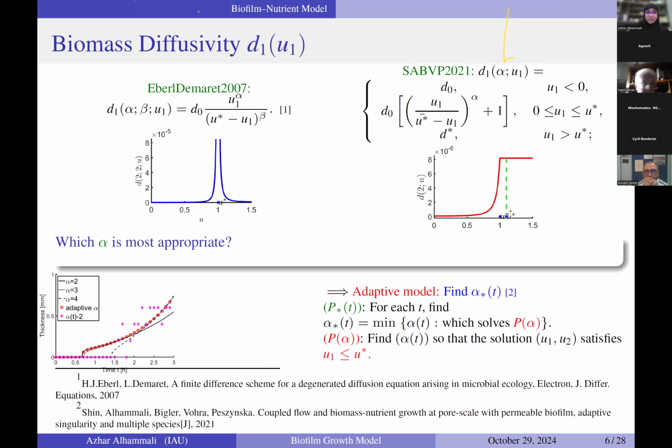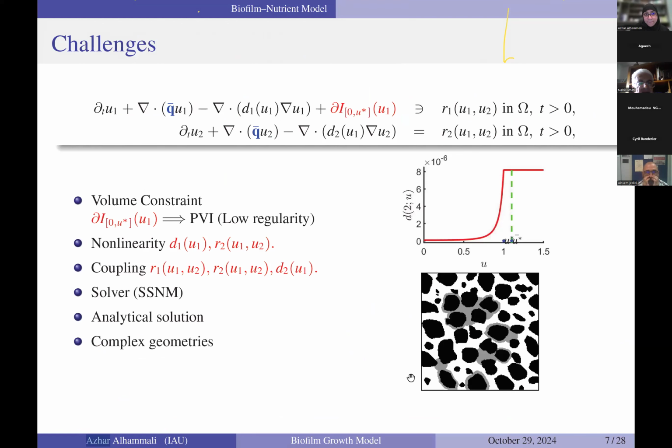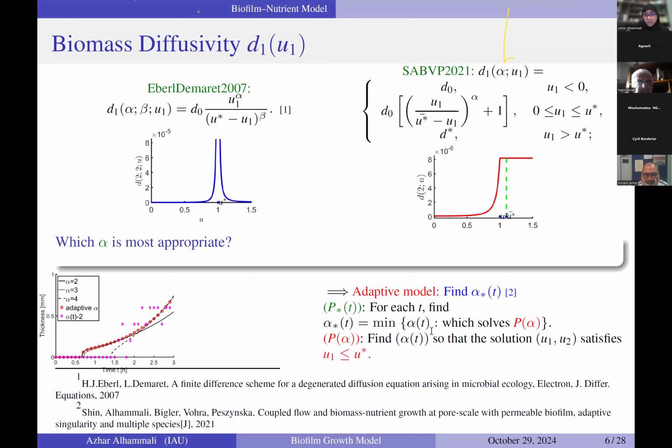On the other side, when you mention this Eberl-Desmarais result, is there a bar or not? Here we see the singularity possibly. On the previous slide, for the Eberl-Desmarais result, it was U star minus U1, and indeed there is a polar singularity.